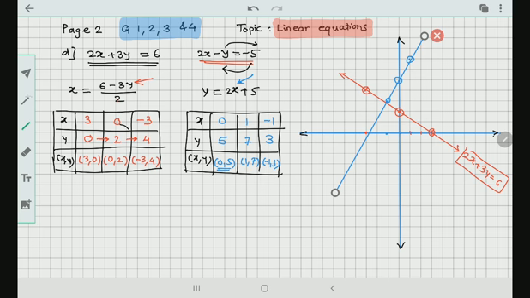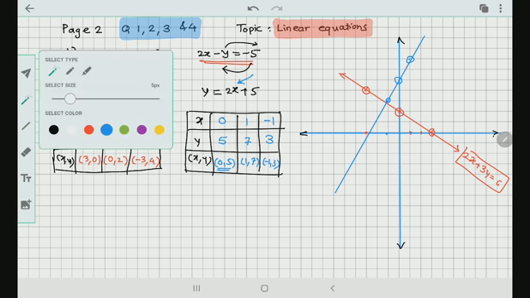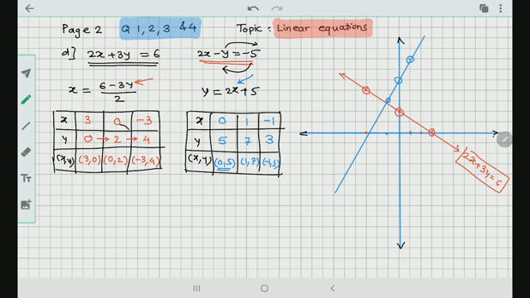You can easily check that these points are collinear as well. I'll just mark the name of the equation on this line, which is 2x minus y is equal to minus 5. And that's it. It's so simple. This was your question number 1, D.